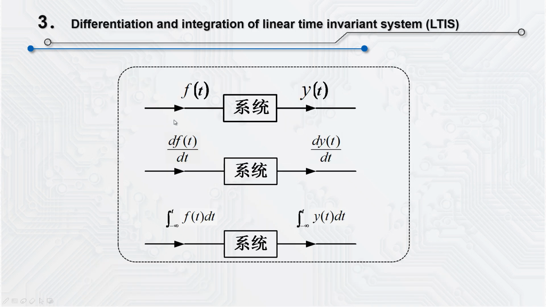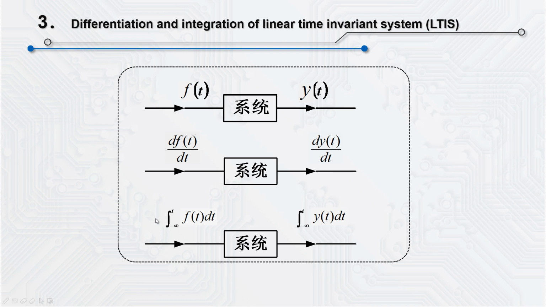Finally, let's look at differentiation and integration of a linear time-invariant system. If a signal f(t) enters a system, the output is y(t). When we perform a differential operation on its input signal f(t), and then put the result into the system, we can find that the output of the system also does the differential operation.